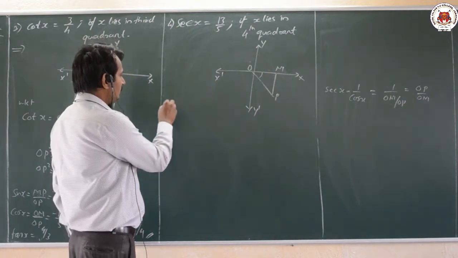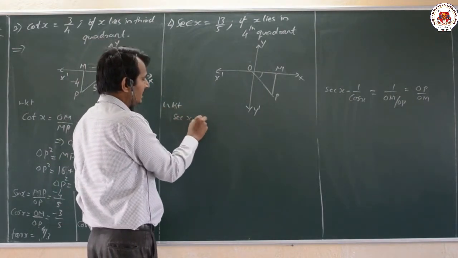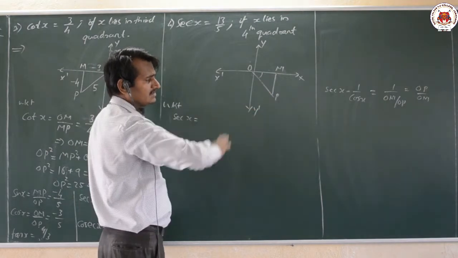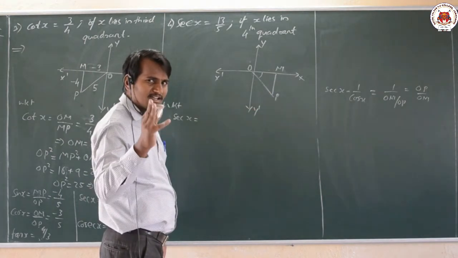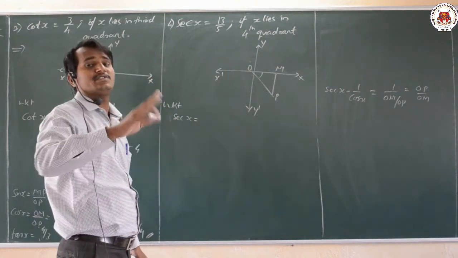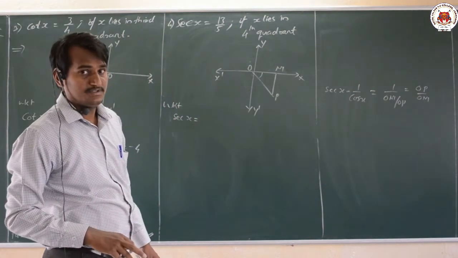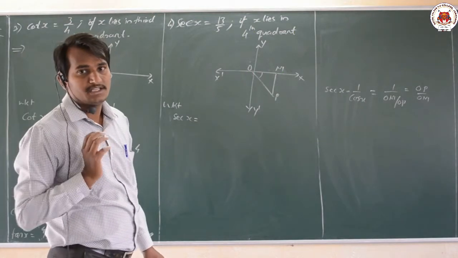Okay. Now we know that secant x equal to 1 by cos. You have to remember only 2 things, one is sin and one is cos. All related things you can make use of the interrelationship between the trigonometric functions. That formula you can make, and you can make it very simple here.